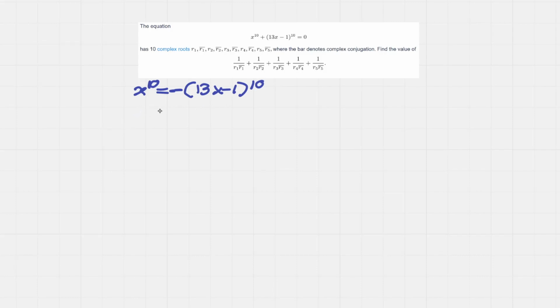So this shows us that x and 13x minus 1 have equal magnitudes on the complex plane, but x to the 10 and (13x minus 1) to the 10 will have opposite angles on the complex plane. Therefore, we can interpret this as 13x minus 1 being a rotation of x around the origin, where our rotation factor is some 10th root of negative 1. Keep this in mind. It's going to become important in a couple of steps.